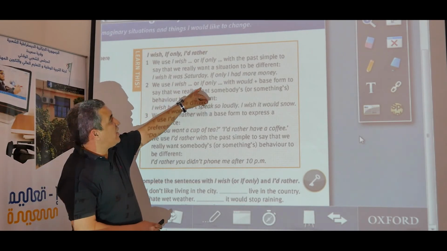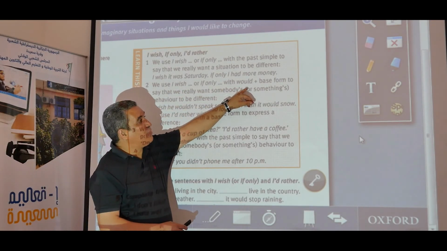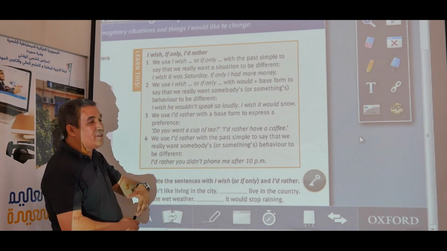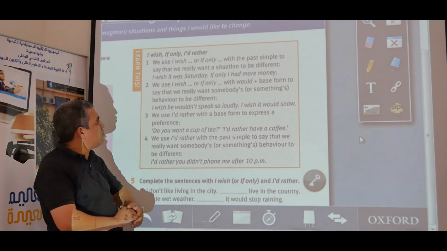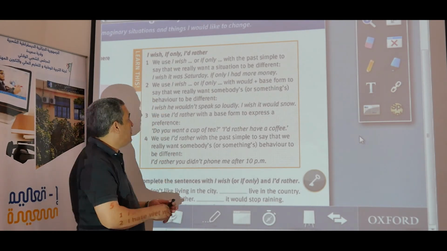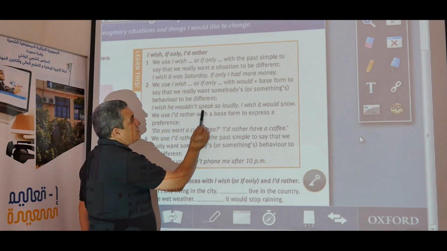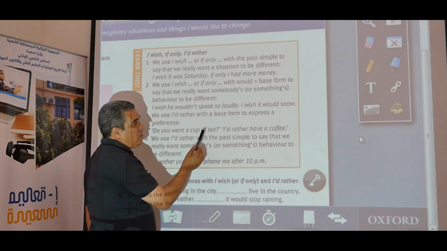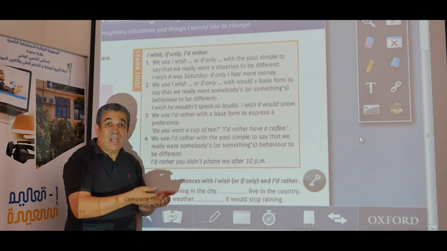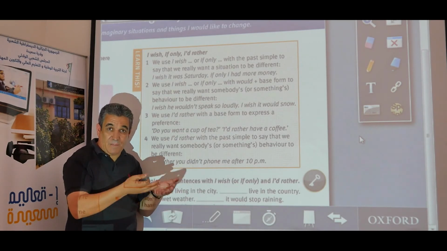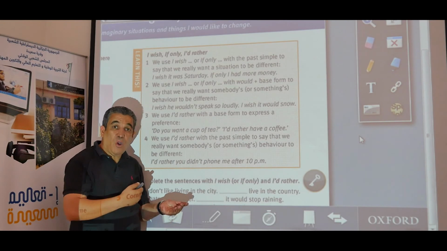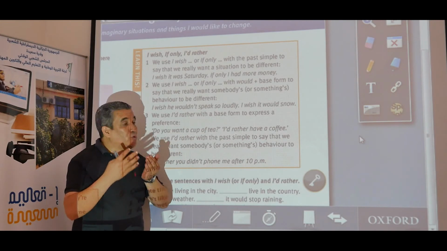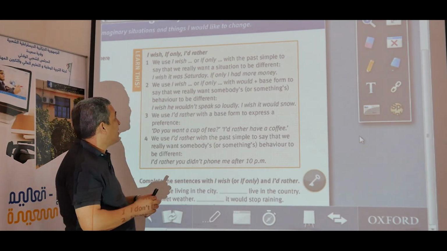Now, listen to this example. I wish he wouldn't speak so loudly. This means that the person really speaks loudly. So the speaker wishes that the person would not speak so loudly. That's embarrassing and that's bothering him.